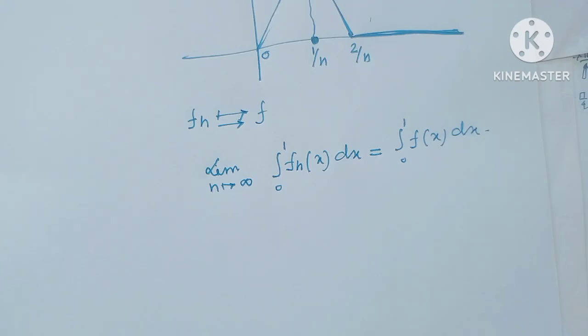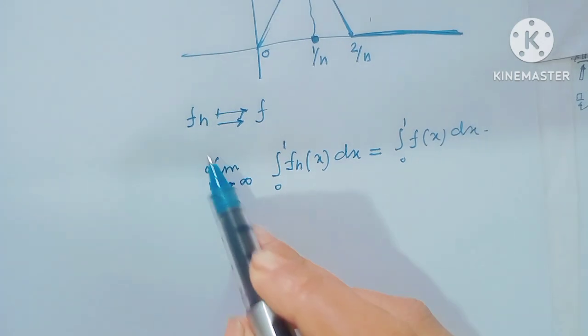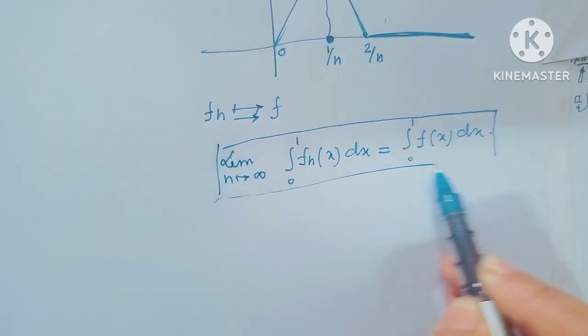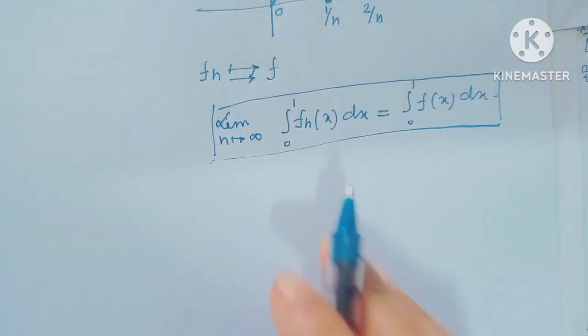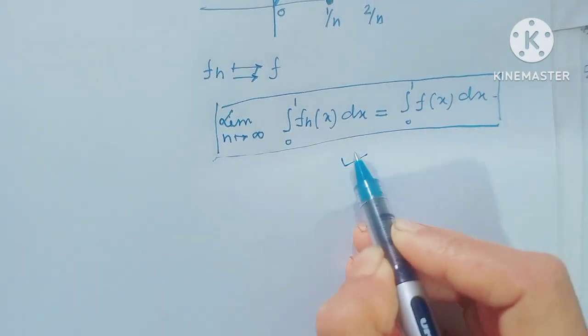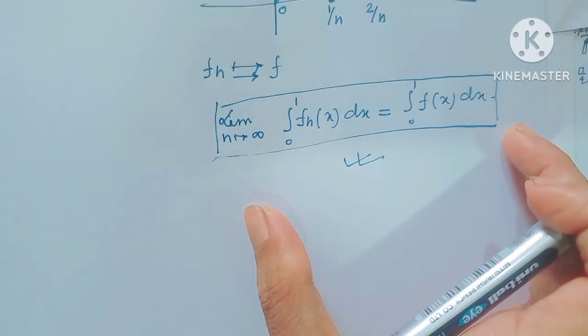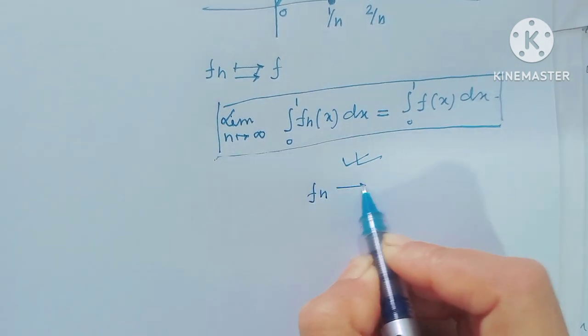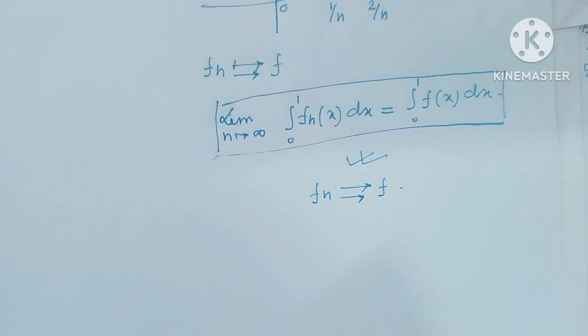But this is only a necessary condition when fn converges to f uniformly. If this integral equality is true, that does not imply fn converges to f uniformly.